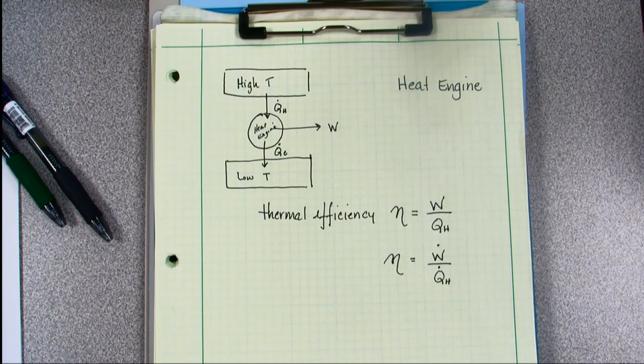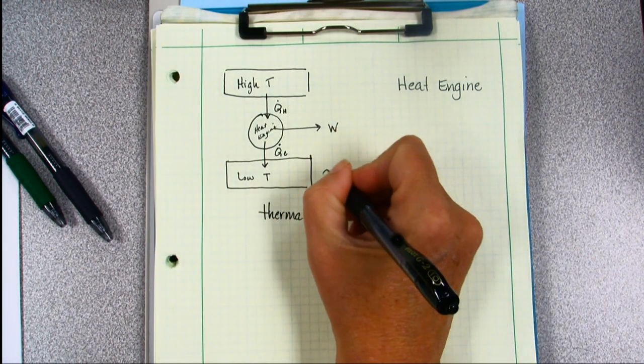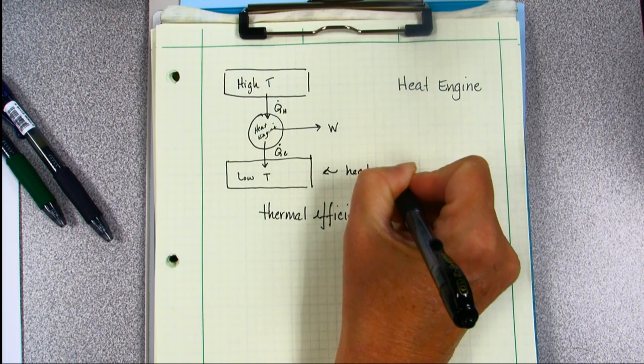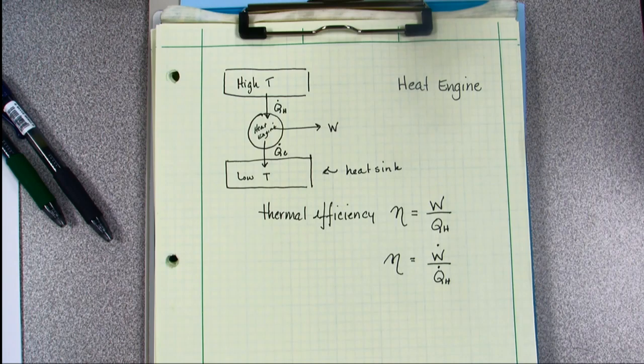But we can do an awful lot of things with our cycles. You can also call this a heat sink. So that gives us our terminology. We get to the heat sink, and so you can look at it and calculate.